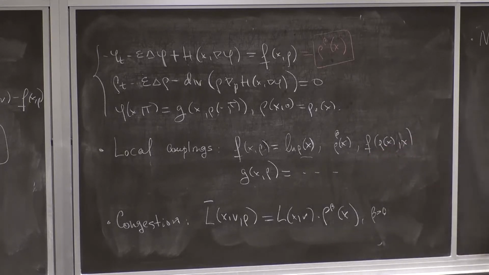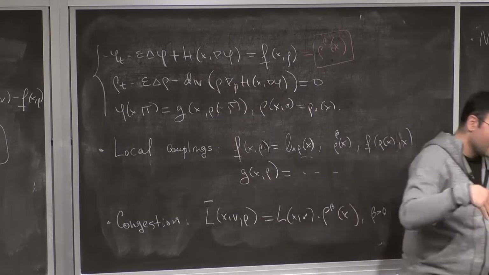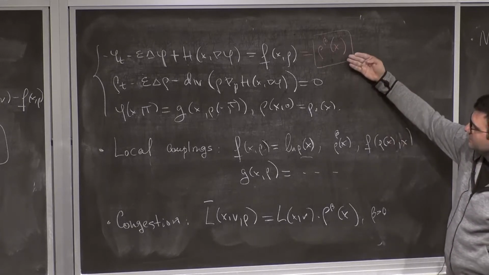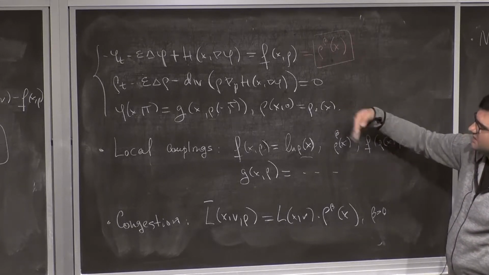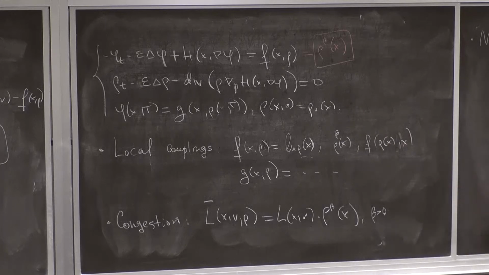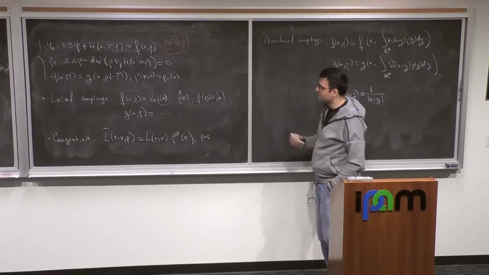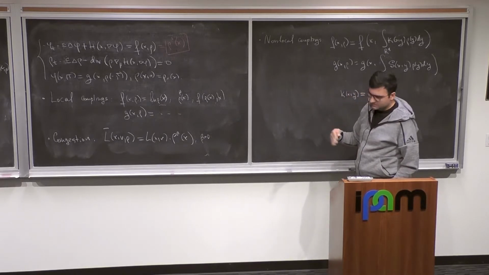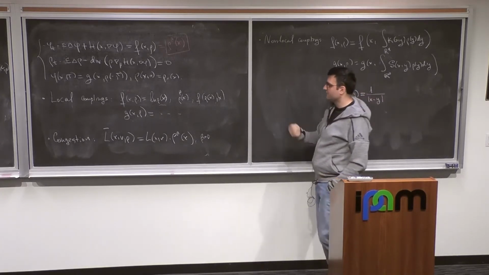Let's put it this way. Although this is a nonlinear equation, there is some way to define a distributional solution. If you are interested, I can give you references later. So I just wanted to say that when you have local couplings, the notion of solution itself is very hard to understand, and therefore numerical methods are also not easy to design and prove convergence for.